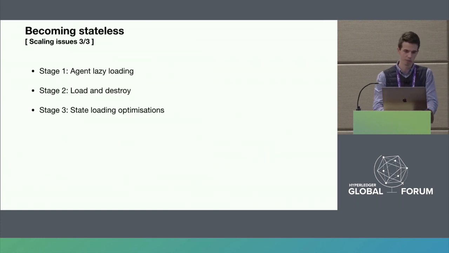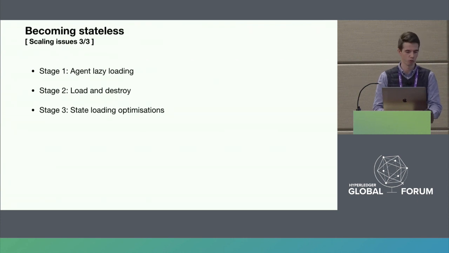The third problem is that the agency is still very highly stateful. And in order to be able to scale something horizontally, you need to make sure that it's as stateless as possible. So we have a plan to make this happen and start scaling this open source implementation horizontally.